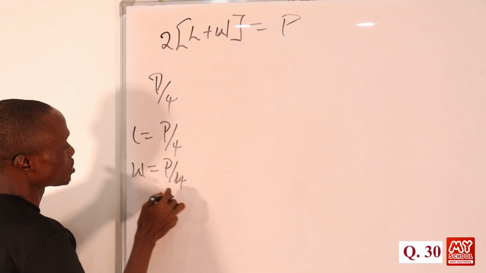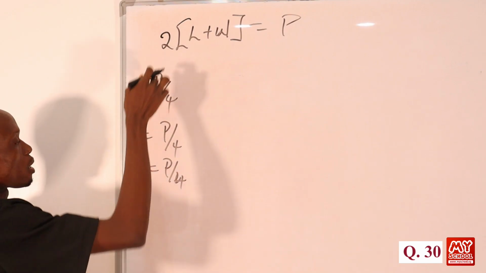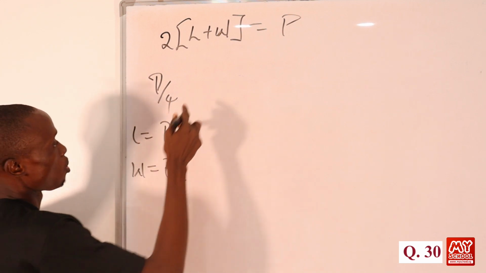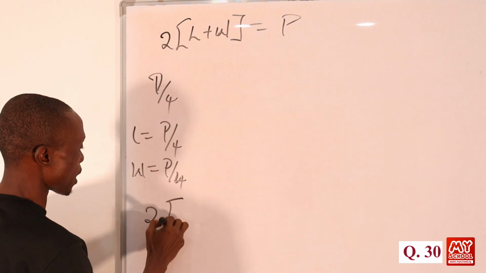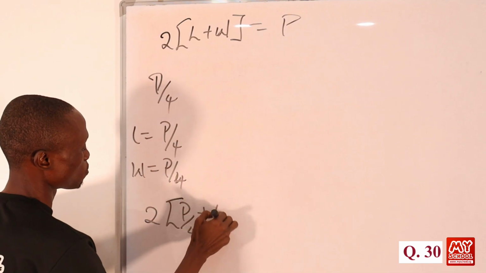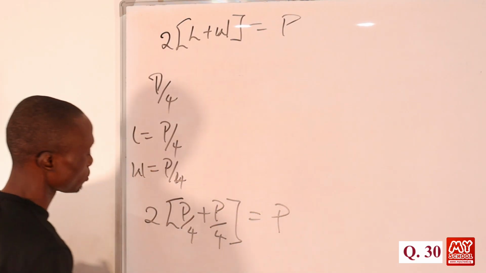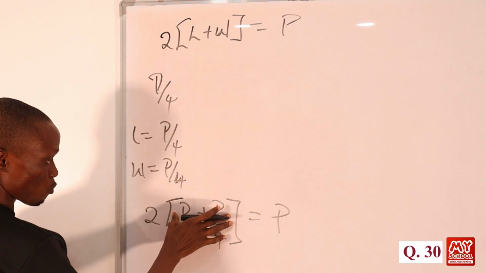So anywhere we see L and W, we are going to replace them with P over 4. Okay, so 2 bracket P over 4 plus P over 4. So let's see if this will be equal to P. First of all, let's solve what is in the bracket.